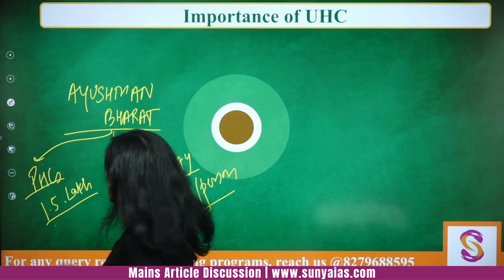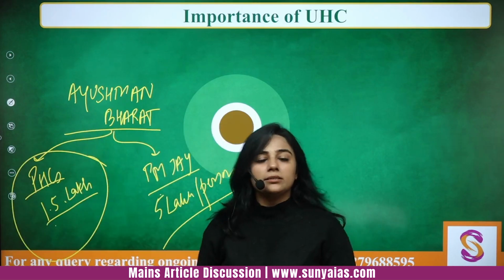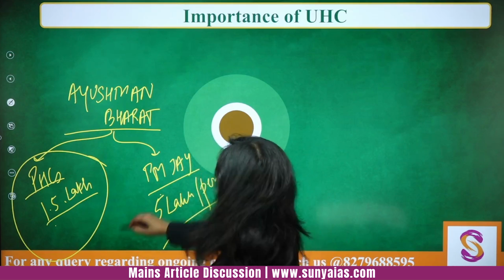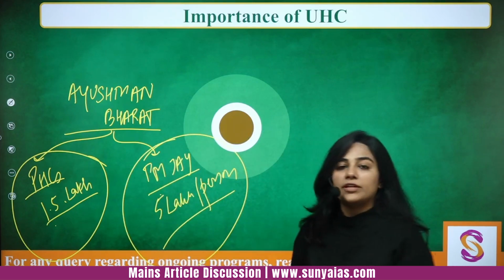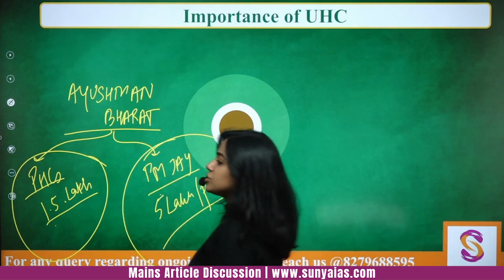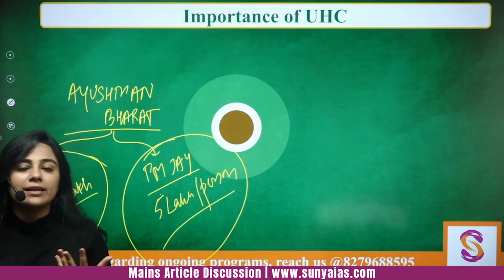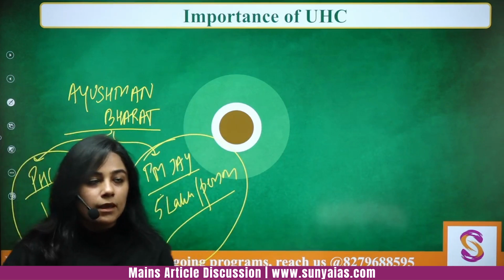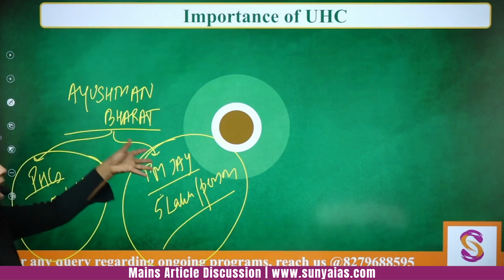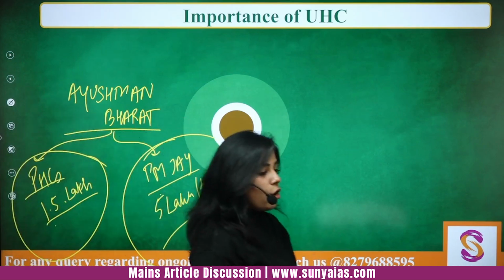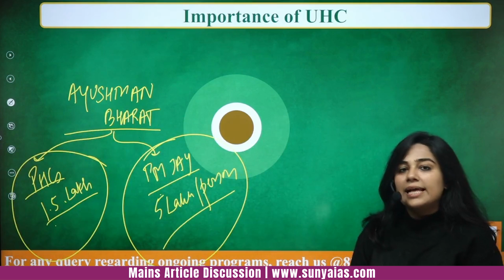So this is the primary healthcare aspect of it. This is the insurance aspect of it. And this is one of the largest healthcare coverage schemes in the world. Okay, so just have this in mind. This is a very important part of your universal health coverage.